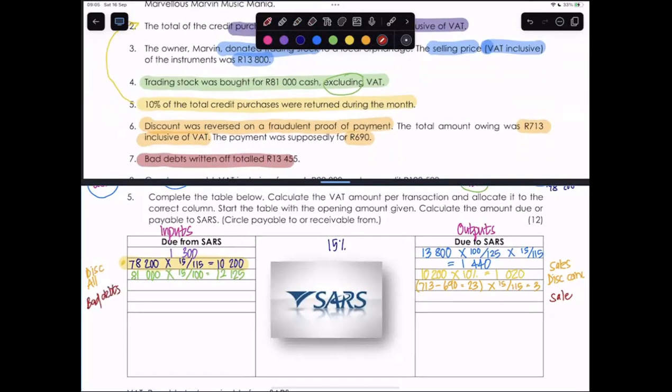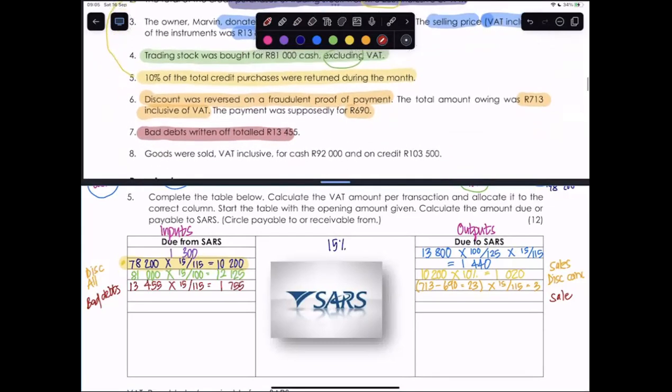And so therefore, you're going to work on the input side. The total amount of the debt was the 13,455. Now, remember that that would come out of debtors, and debtors is inclusive. So you would simply work this out as times 15 over the 115. And that would give you 1755 as the bad debt.